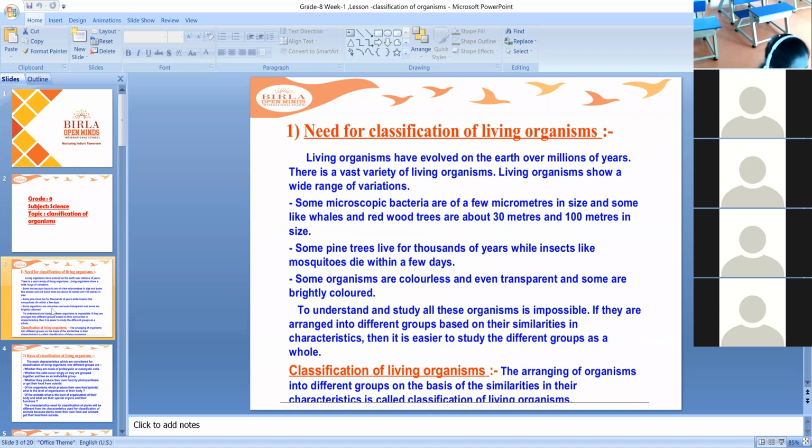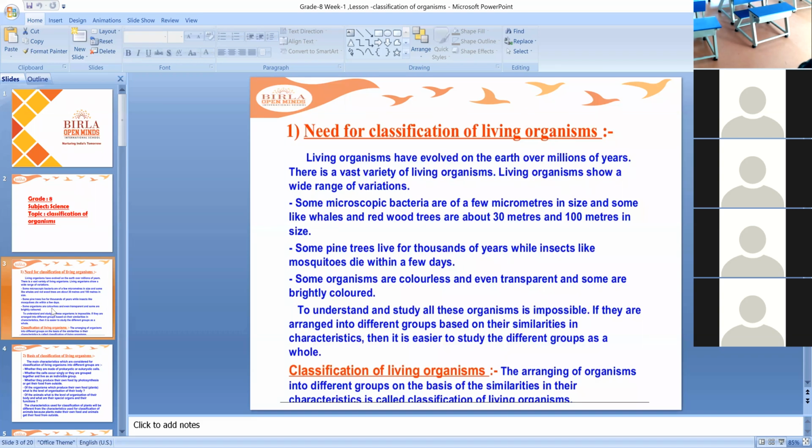So the scientists who invented this classification of organisms made it easy to recognize. Yes, to identify the animal or human being.